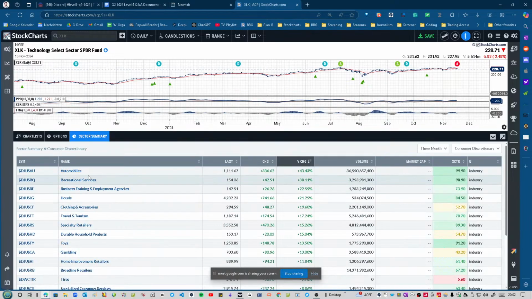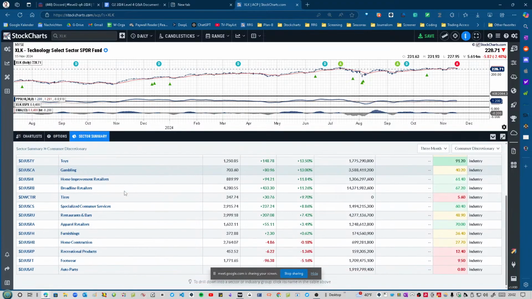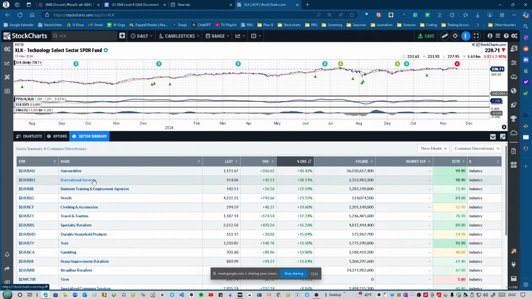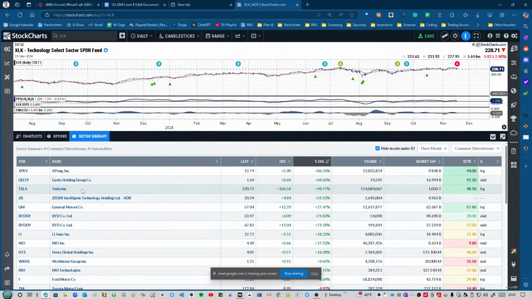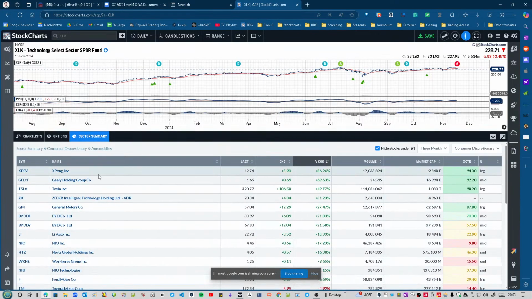If you click on the sector, you can look into the specific sector for its branches, the sub-sectors. You see especially that the automobile sector rallied 43%. So you can look into the sector for assets which you can maybe short.